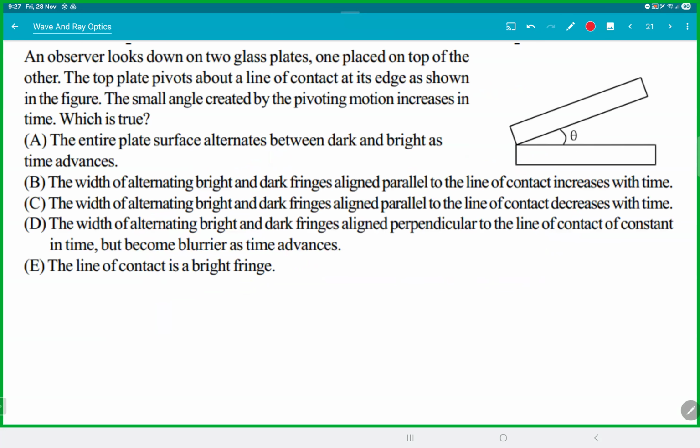Now, if you read the question, he's saying an observer looks down on two glass plates, one on top, the other there. The small angle created is increasing. This theta is increasing. Then which of the following is true? The entire plate surface alternates between dark and bright fringe. True. We actually get that interference pattern there. The width of the alternating bright and dark fringe aligned parallel to the line of contact increases with time.